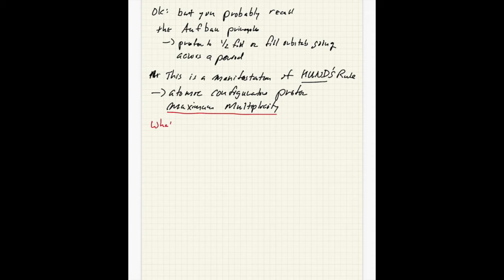What's multiplicity, you ask? Well, we already saw a little bit of that. Remember the triplet and singlet states? A singlet state is when you have paired electrons, and remember, there's only one way to do that. Whereas a triplet state is where you have the spins going the same direction. In that case, if you recall, there's three different ways to arrange that.